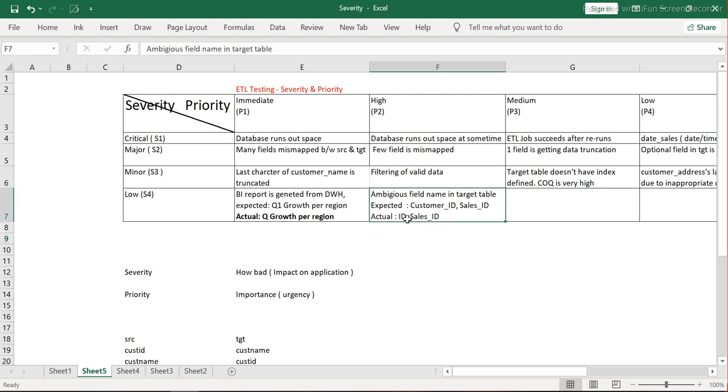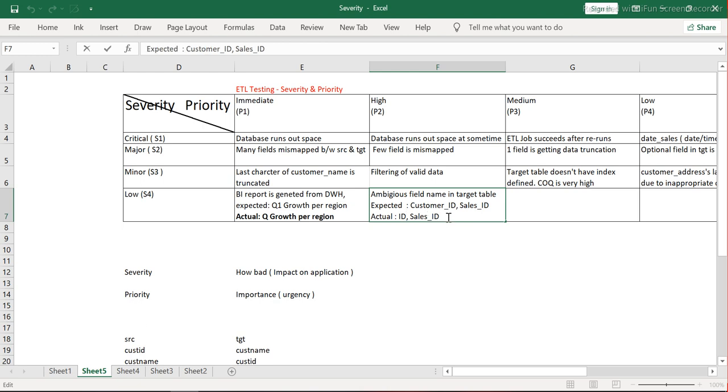I'm expecting customer ID, but it is only ID. So which is very misleading, right? We don't know which ID they are talking about. There might be multiple IDs, customer ID, salesperson ID, etc. in that table, but this says only ID, which is really misleading. So this is the example of low severity and high priority, guys.